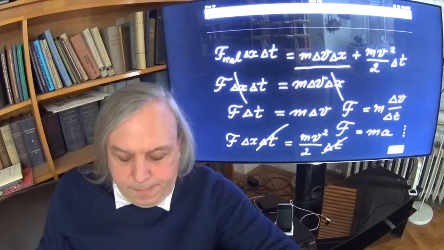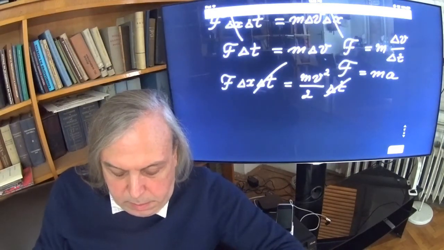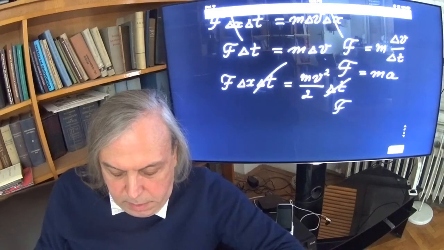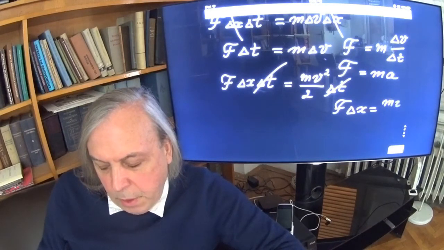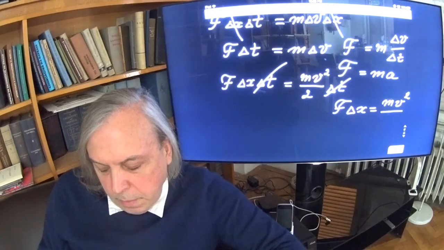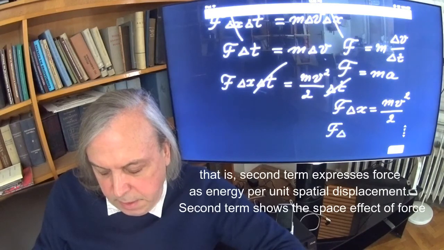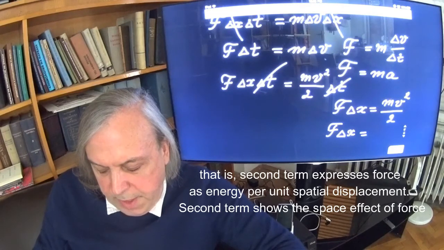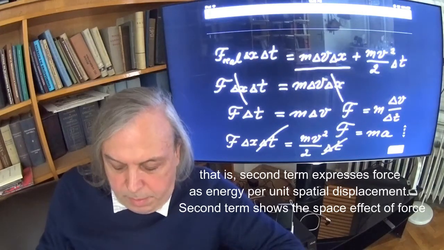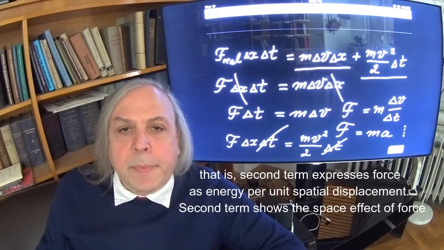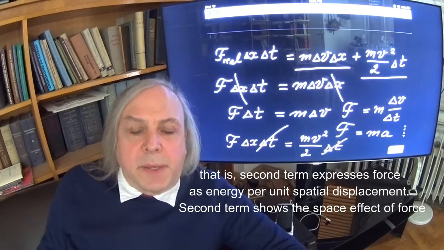Delta t cancels out, and we get F delta x equals mv squared over 2. In other words, F delta x is equal to energy. Now this second term is the term which expresses the effect of force in space.